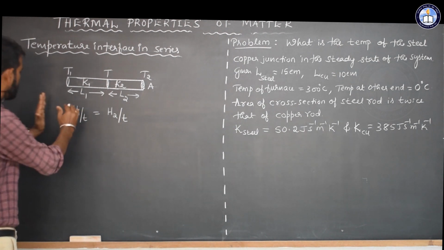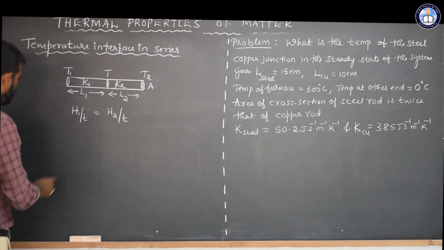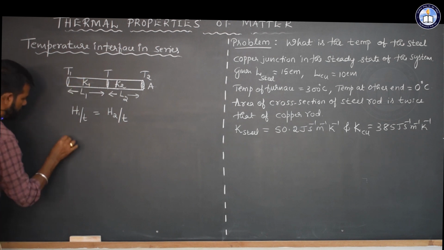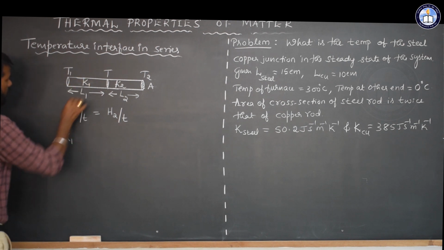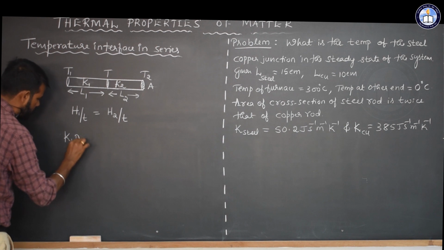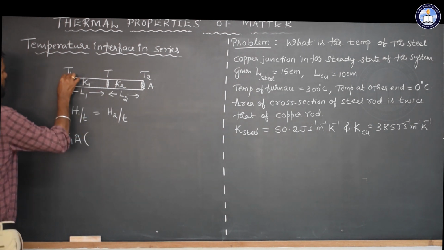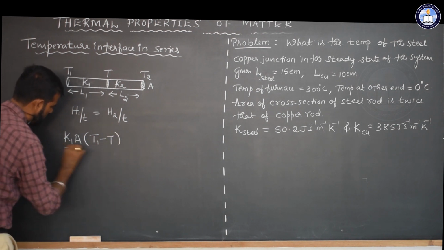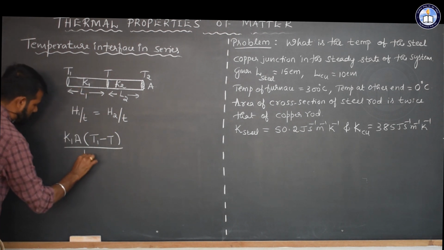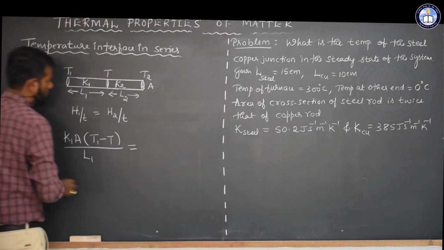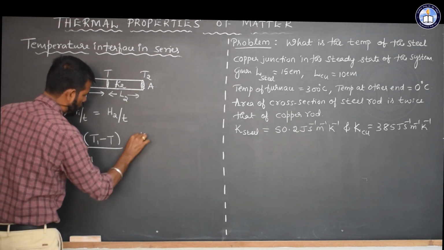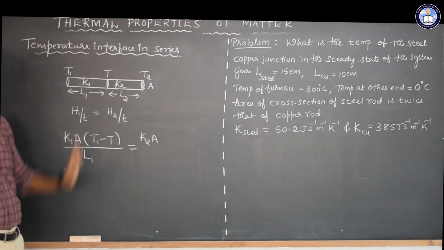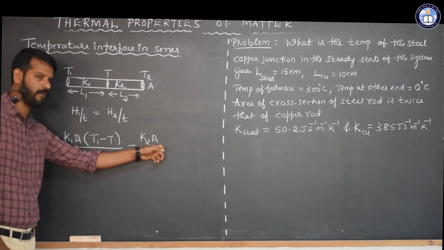Or we can express this as H is equal to K1, because the thermal conductivity of this is K1, into area of cross section, which we consider the same, A, into T1 minus T, divided by the length of this conductor, L1, is equal to K2, the thermal conductivity of the other conductor, times area of cross section A. If the area of cross section is different, then you can write A1 and A2.